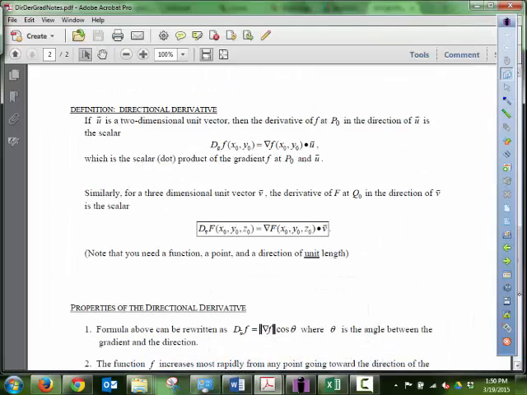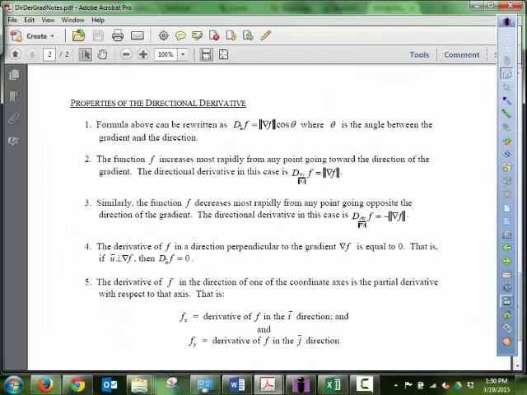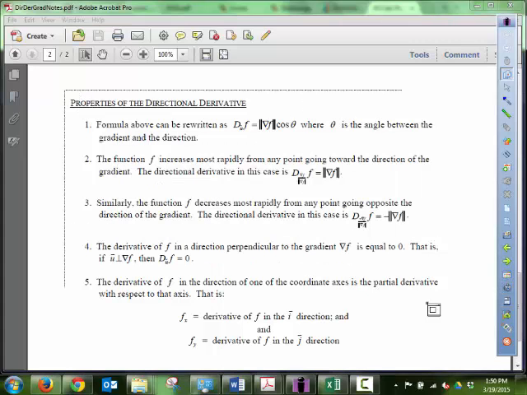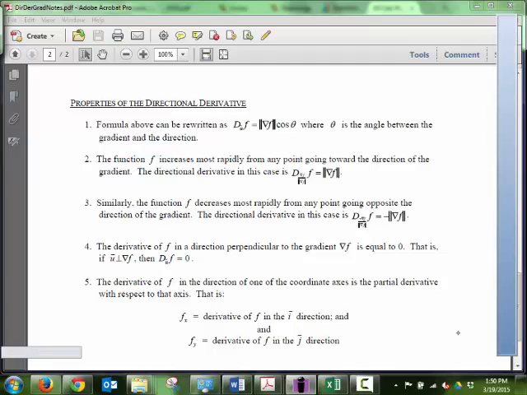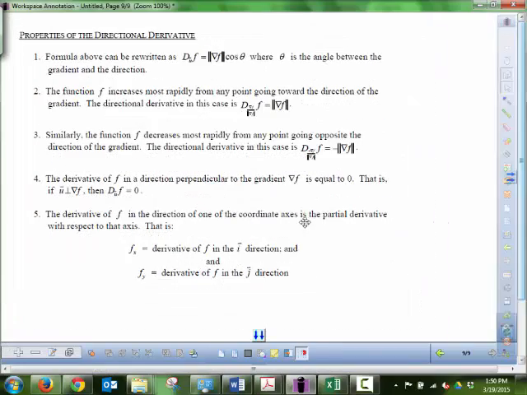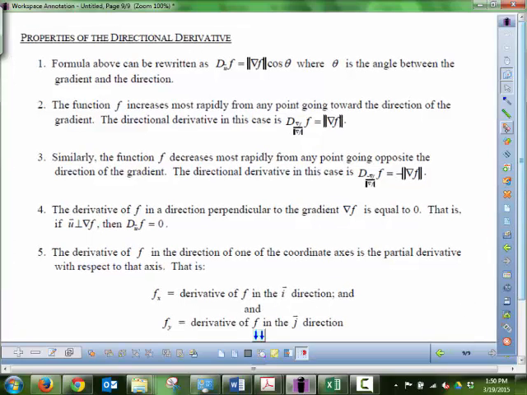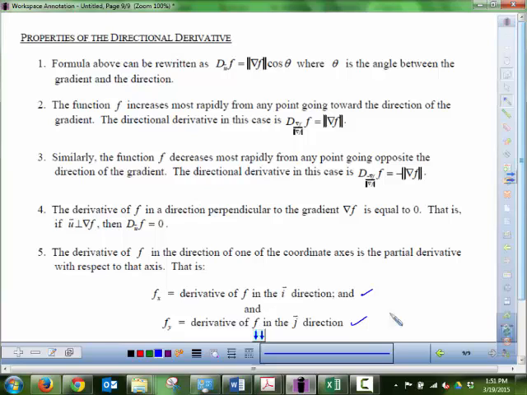But let's take a look at and highlight a couple of properties for the directional derivative. First, in the i and j directions, the directional derivative is just the partial derivatives. And we talked about that.